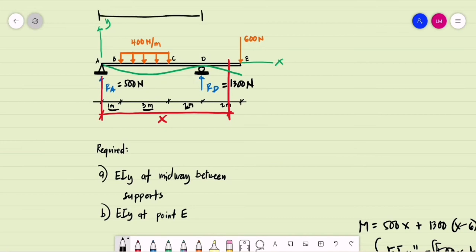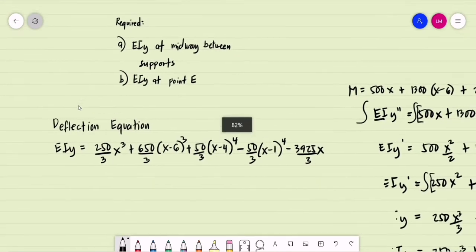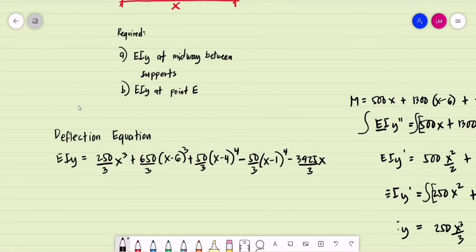So in between, that is at x is equal to 3 meters. So basically at A, we are looking for the equivalent of EIY at x is equal to 3 meters.